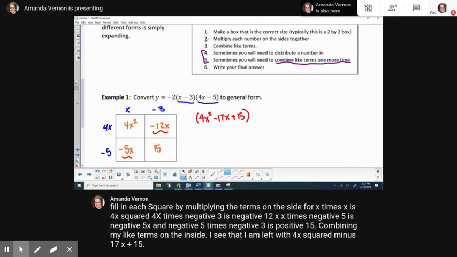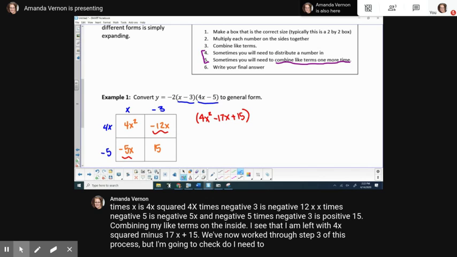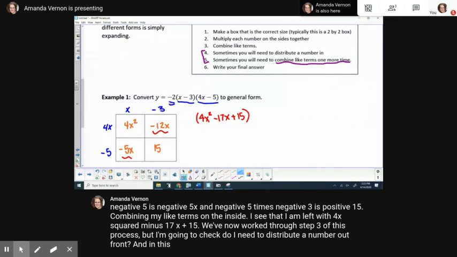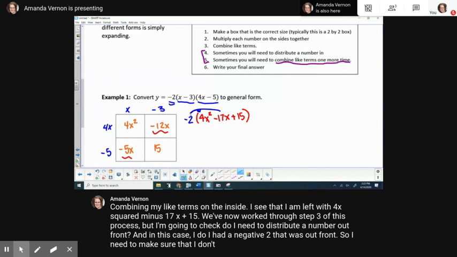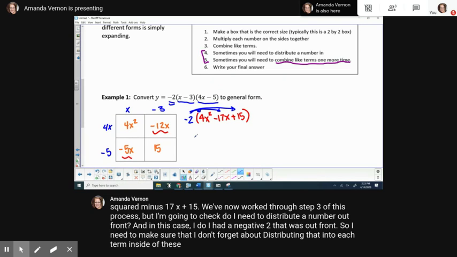We've now worked through step 3 of this process, but I'm going to check, do I need to distribute a number out front? And in this case, I do. I had a negative 2 that was out front. So I need to make sure that I don't forget about distributing that in to each term inside of these parentheses.